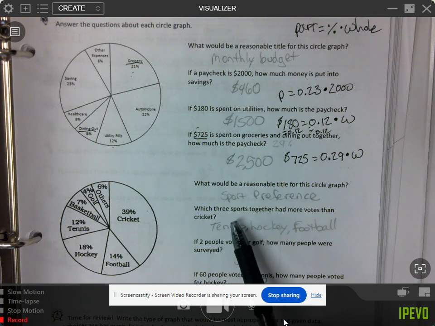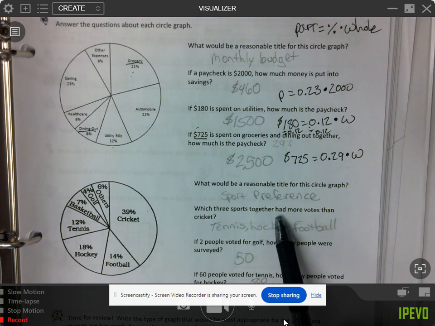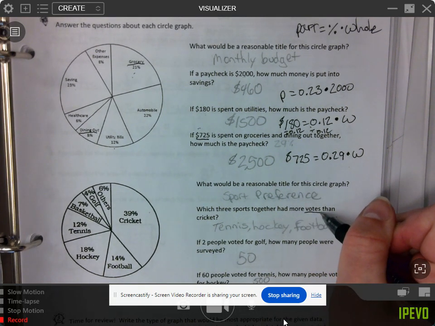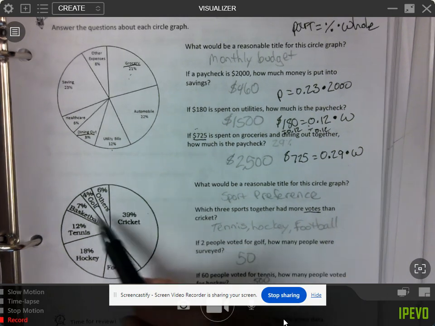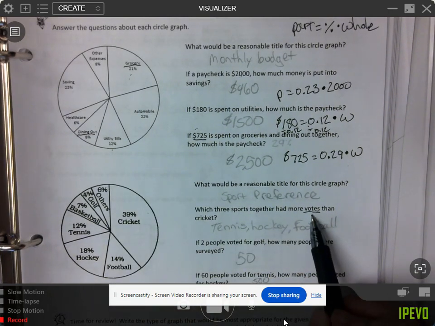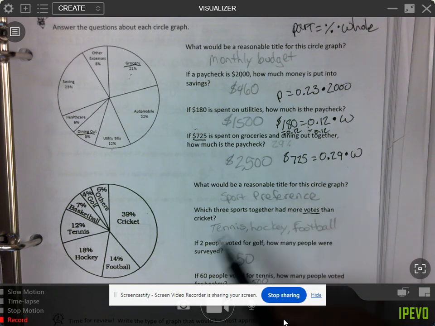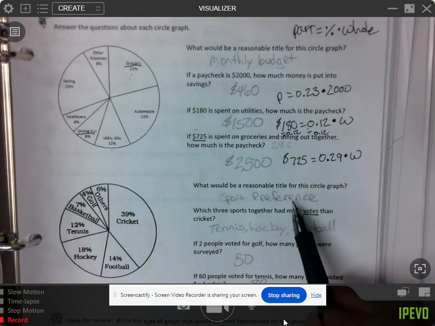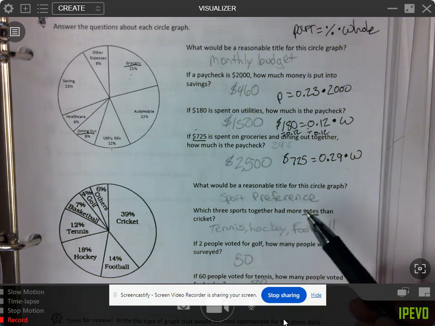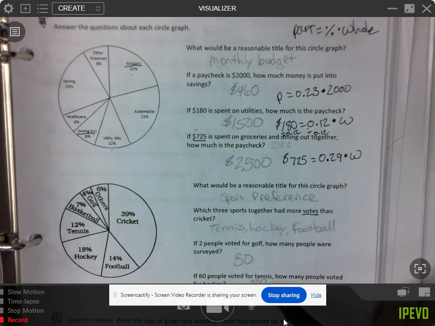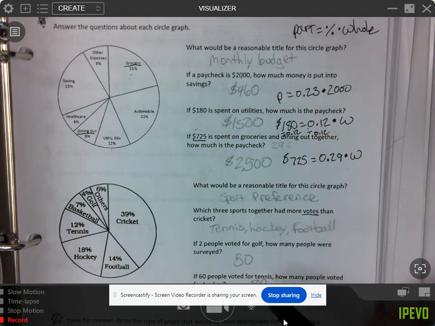Which three sports together had more votes than cricket? Oh, right there, it tells me what these sports mean. People were voting on them. That's how I got the preference in my title. So it's not just sports, but it's sports preference or sports choice. Okay, so sometimes reading the questions that come after helps give us the title.